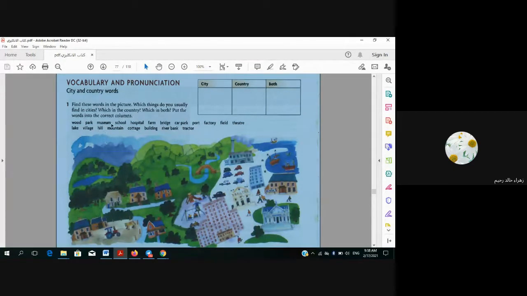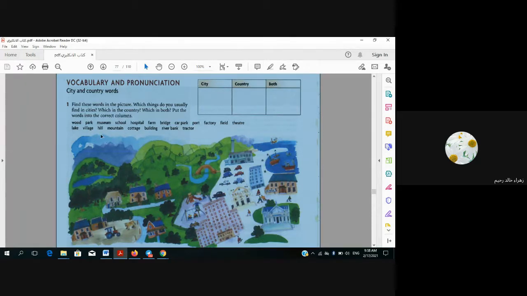Yes, museum. In the city. School. City. But we also find schools in the country or in the village. So schools in both of them.